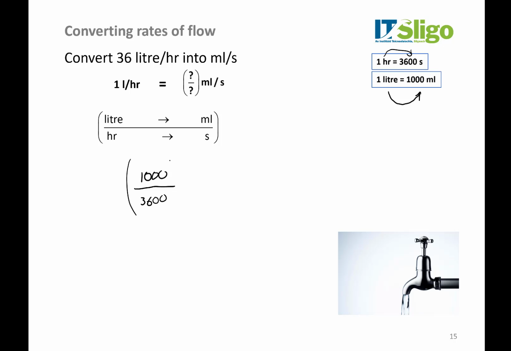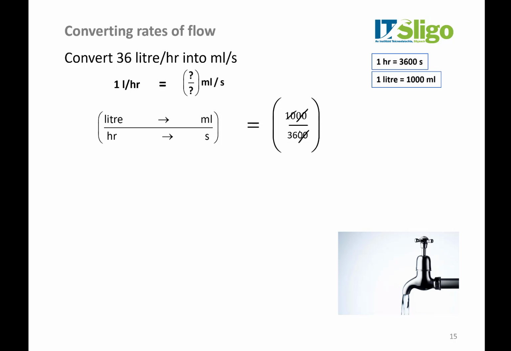So this, guys, is now our conversion factor. So liters into milliliters on top, multiply. Now again, you could stick a little multiply in here if you wanted. And now cancel as much as we can. The hundreds will cancel.